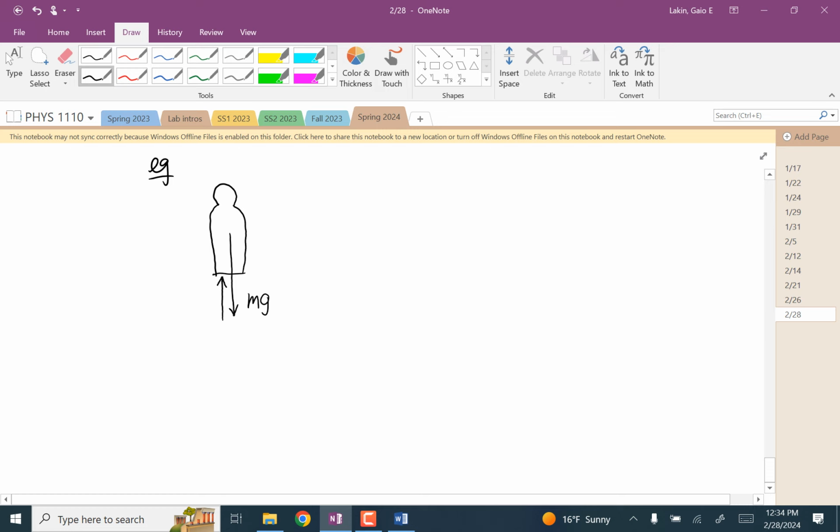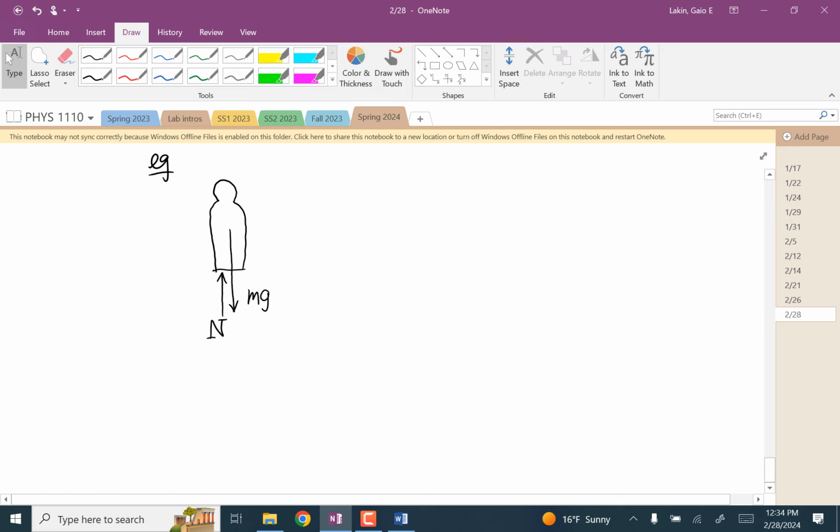Don't worry about how you know this yet. This is what we're going to get into, but that's an upward force that the ground applies to the person. I don't know what that is, so I'm going to give it a variable name, and I'll call it N. And then that's a complete free body diagram of what we're doing.